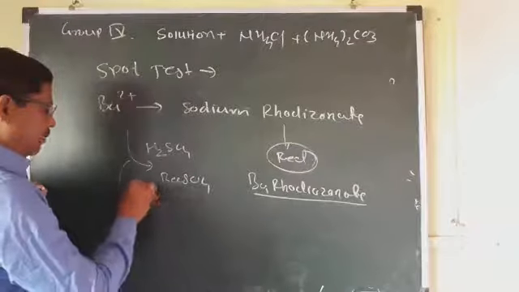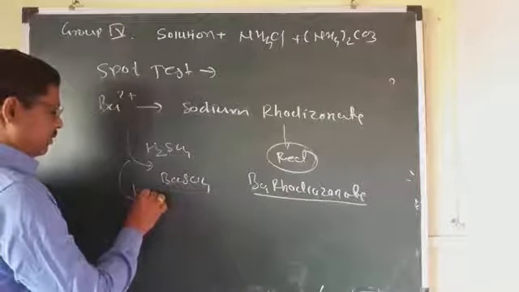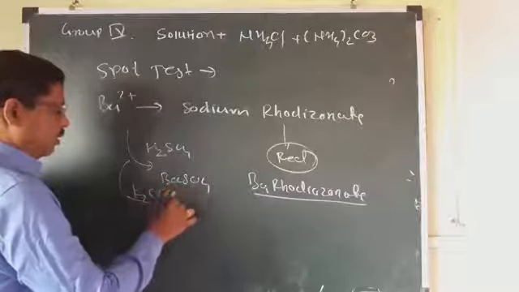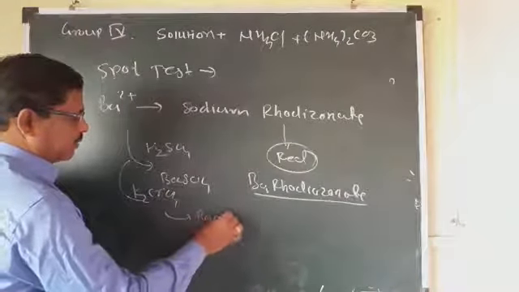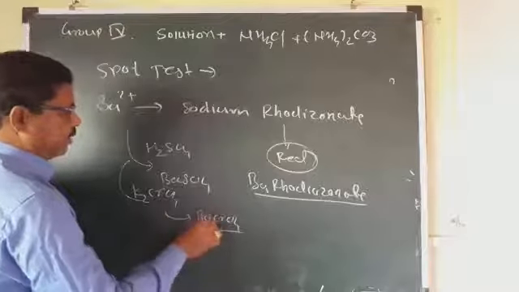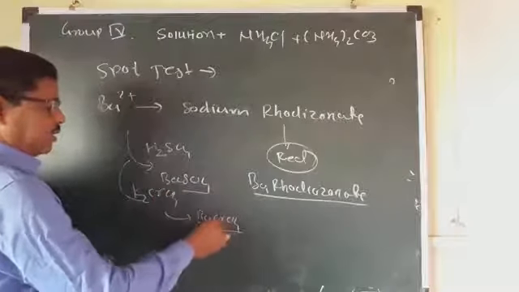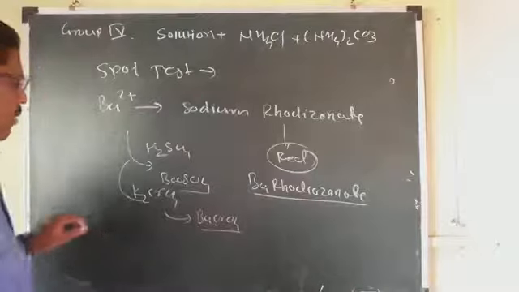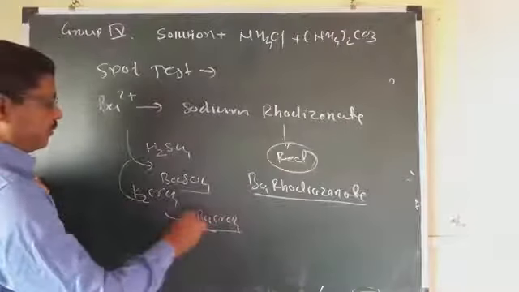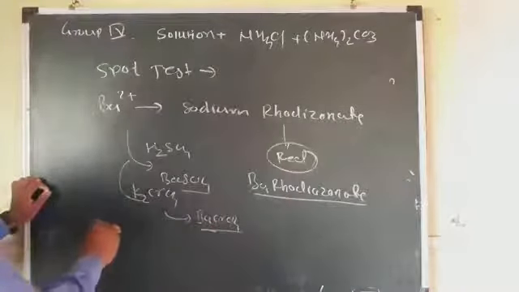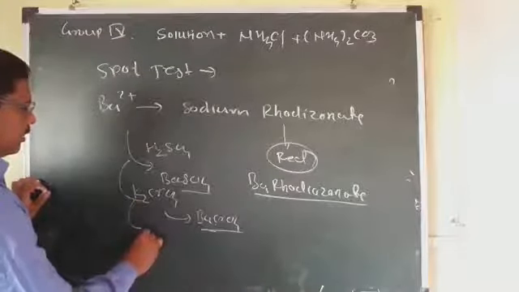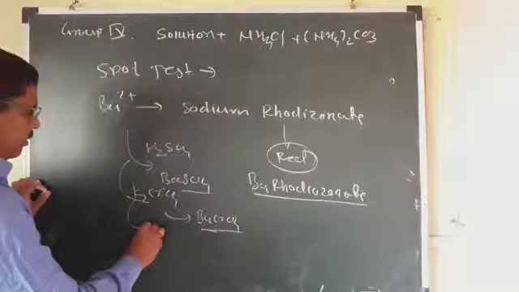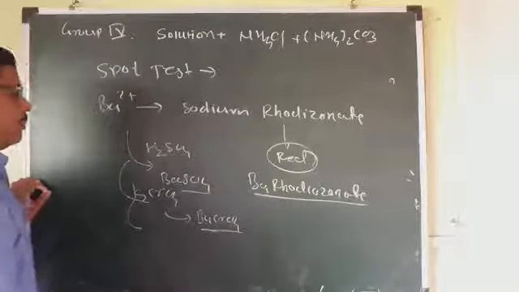Again, then add potassium chromate, K2CrO4, and you will get the precipitate of barium chromate, a yellow PPT. Again, add lead sulfate to form barium chromate.